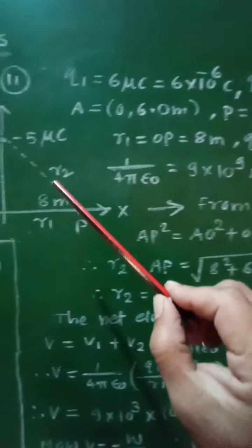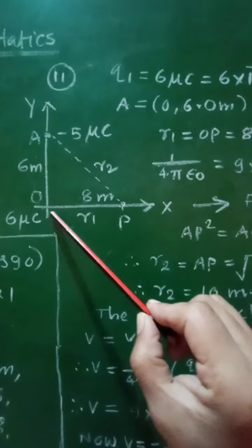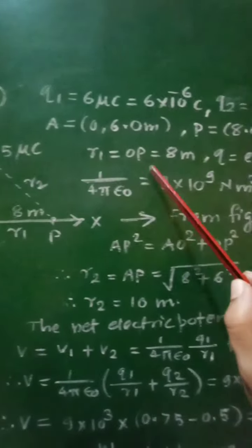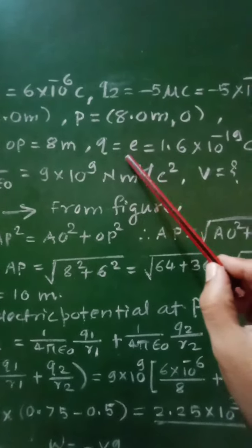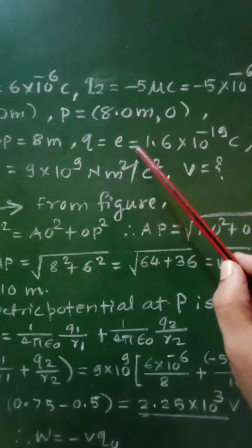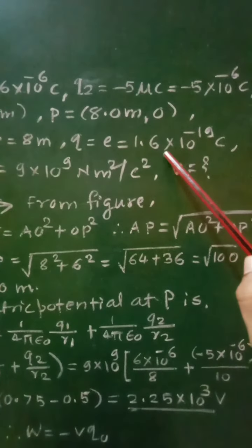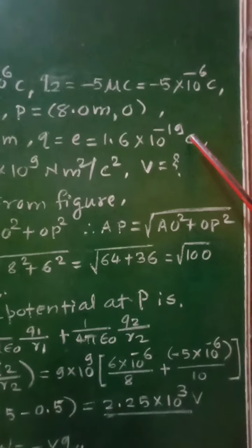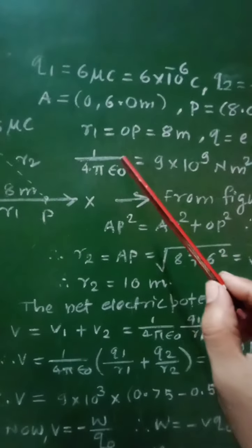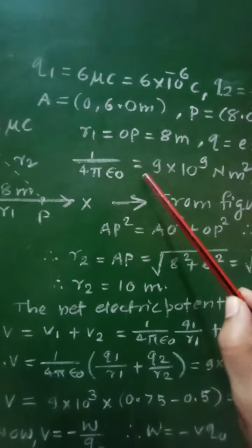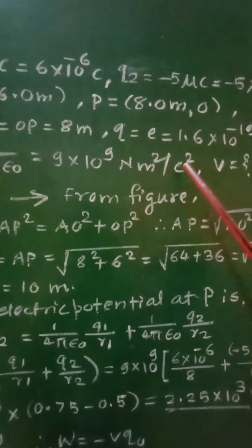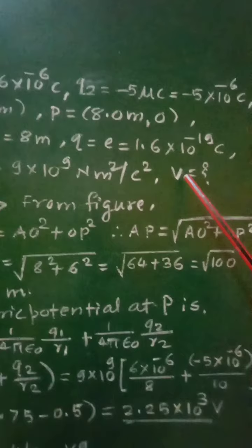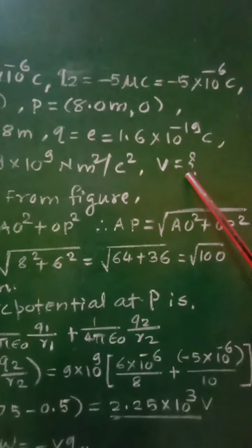From this figure R1 is equal to OP, that will be equal to 8 meter, and charge on proton Q is equal to charge on electron e, that is 1.6 into 10 raised to minus 19 coulomb. Then value of 1 upon 4 pi epsilon 0 is 9 into 10 raised to 9 Newton meter square per coulomb square. And we have to find out the net potential phi.